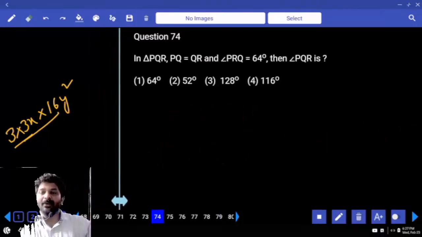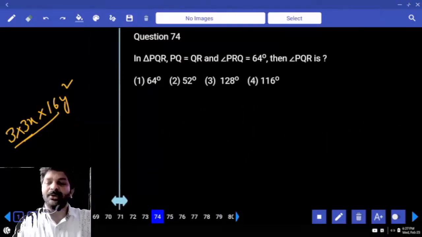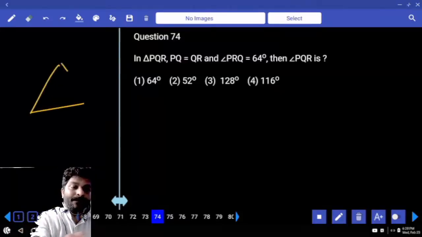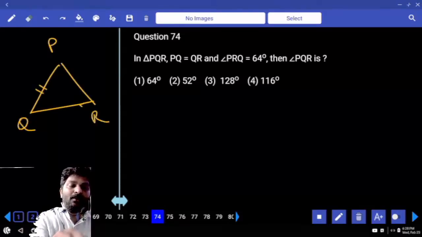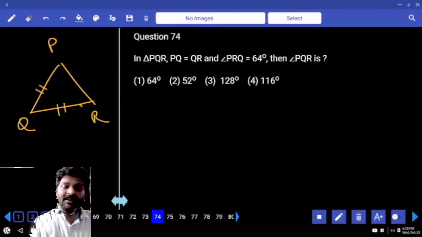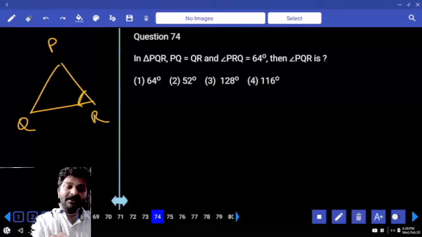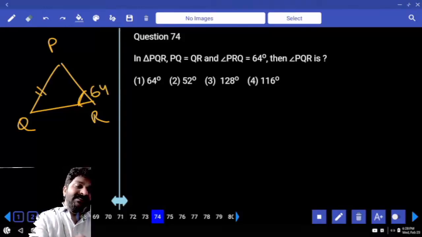In triangle PQR, PQ is equal to QR. That means it is an isosceles triangle, PQ and QR both are equal. Angle PRQ is equal to 64. As these two sides are equal, angle QPR also must be equal to 64.